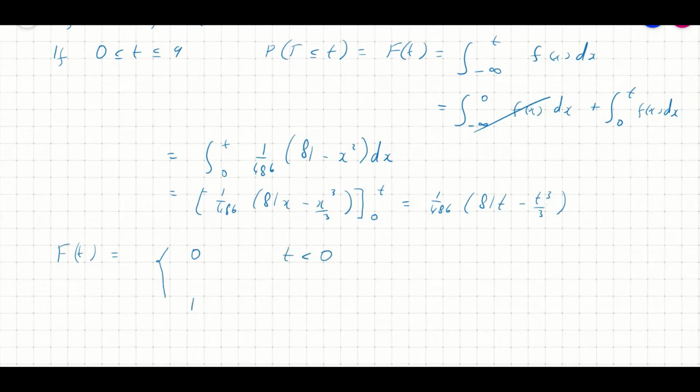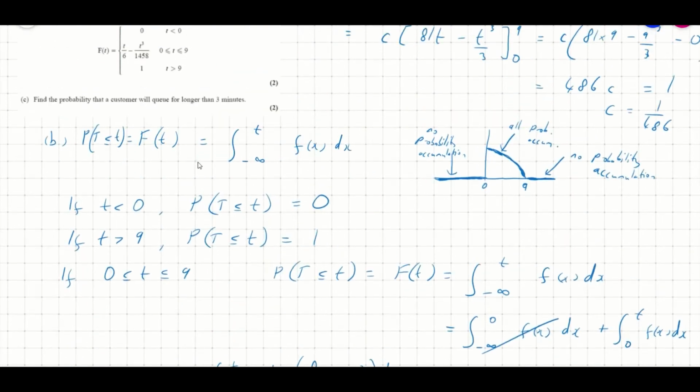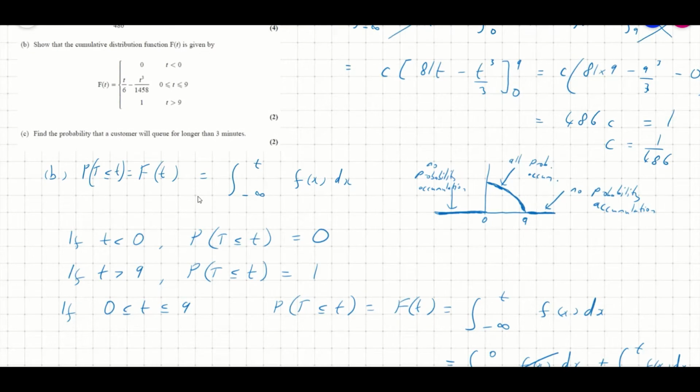We had F(t) is 1 for t greater than 9, and for t between 0 and 9, we get 81t over 486, and that's just t over 6, and then minus t cubed over 486 times 3, which is 1458. So that is my CDF with the three regions. And again, if we just go back to the question, hopefully, yeah, that lines up with the answer that they've given.